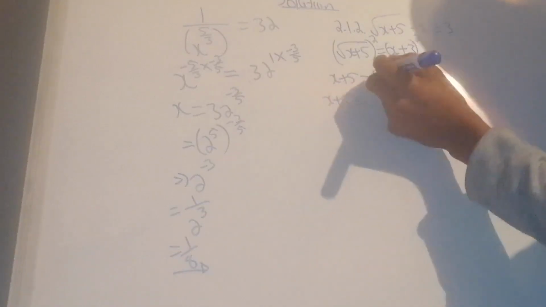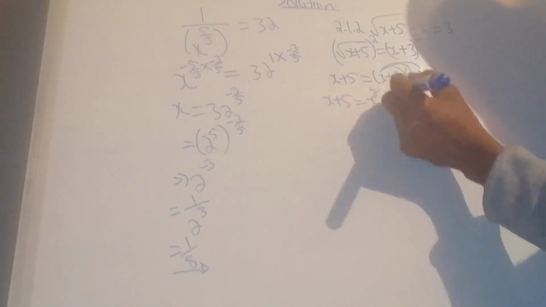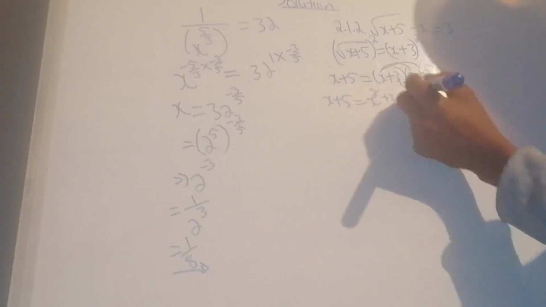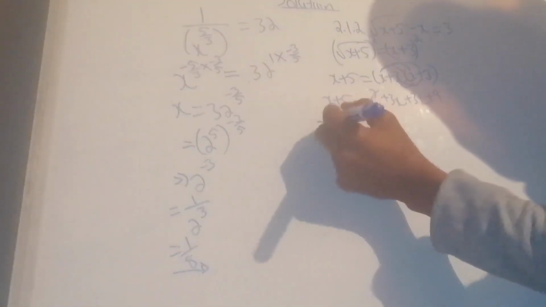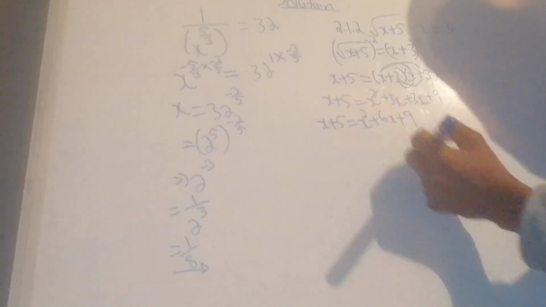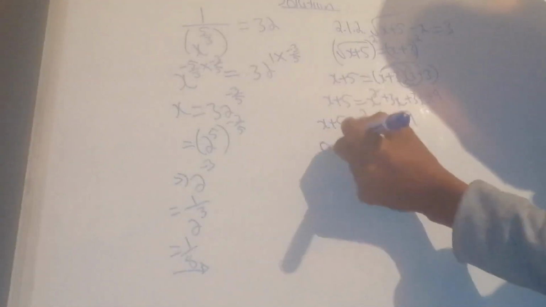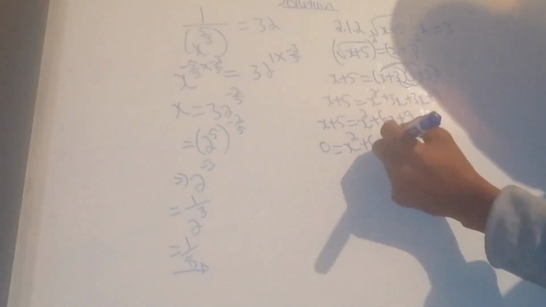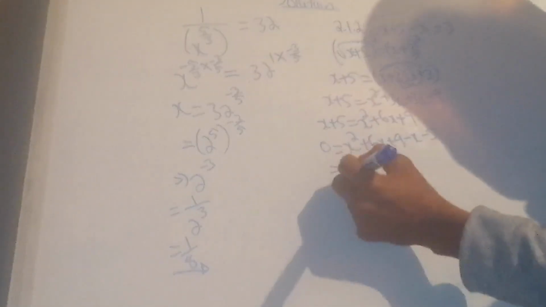x plus 5 equals x squared plus 3x plus 3x plus 9, so I have x squared plus 6x plus 9. Take all this to this side: x squared plus 6x plus 9 minus x minus 5.